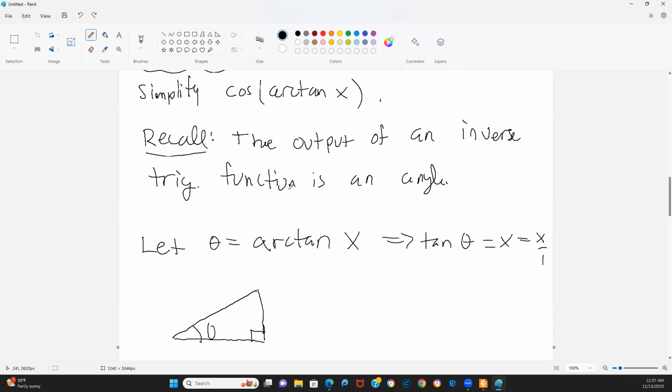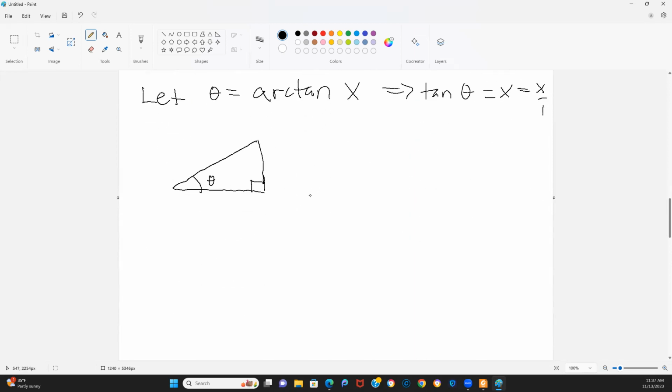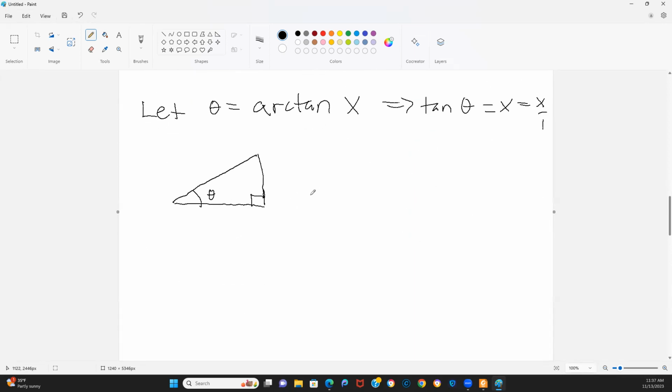So this is going to be theta. Now we have that tangent of theta is x over 1, so it's opposite over adjacent. And so by the Pythagorean theorem, the hypotenuse is the square root of 1 plus x squared.